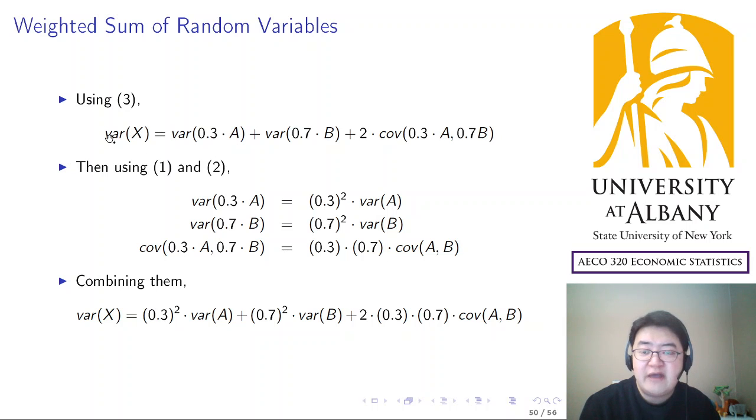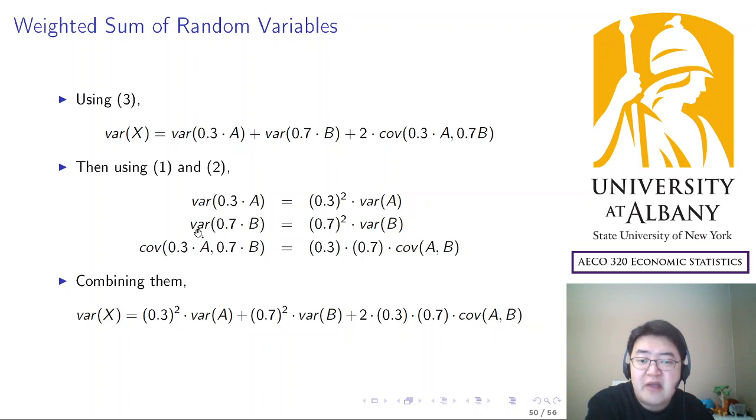Now we have to find the variance of this and the covariance of these. As I introduced in the previous slide, the variance of 0.3 times A equals 0.3 squared times the variance of A. So multiplication by 0.3 affects the variance this much, amplified by the square.